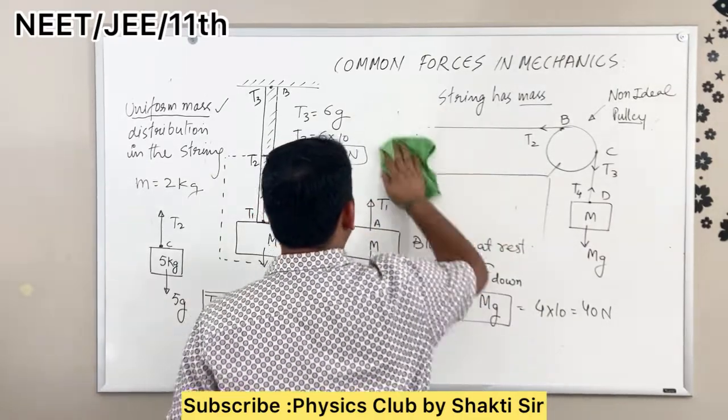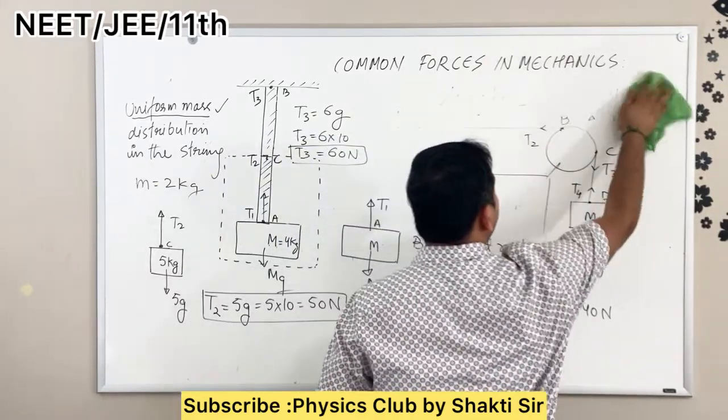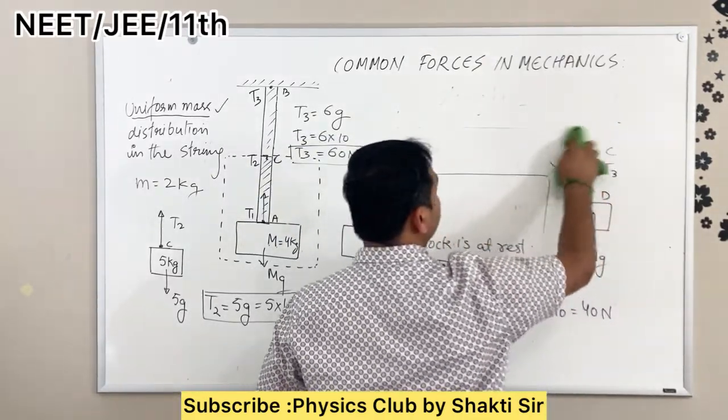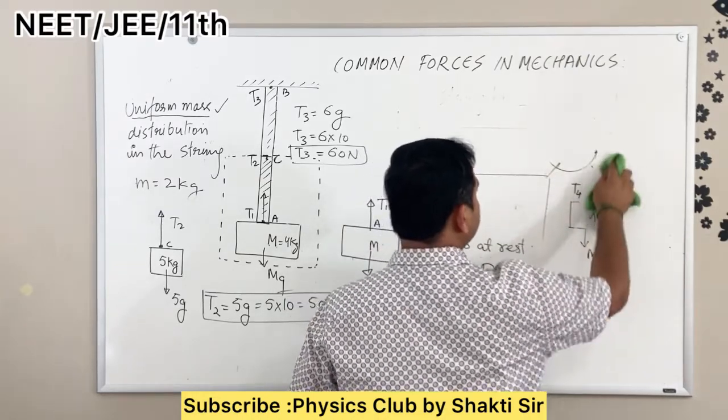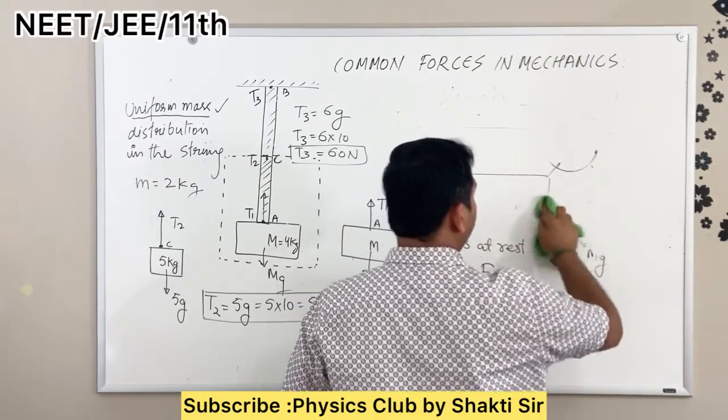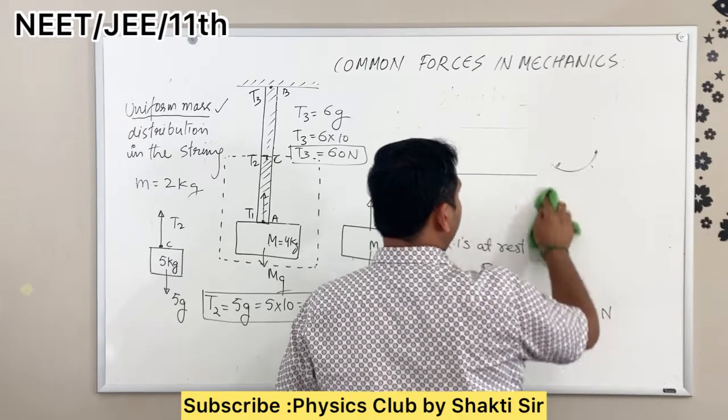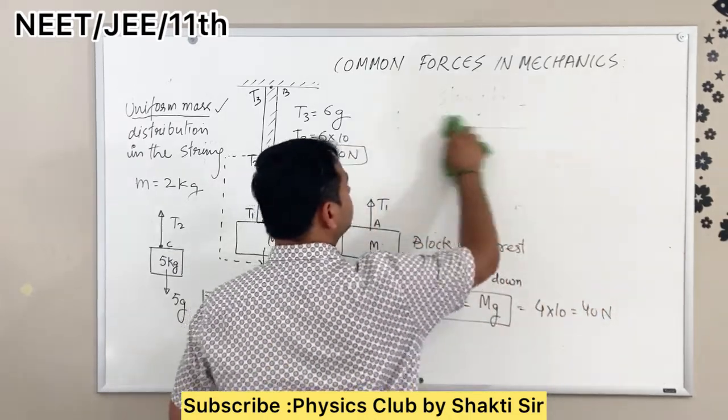So equilibrium. In simple terms, we can say a body, a particle, is in equilibrium when the total external force acting on that particle is zero.